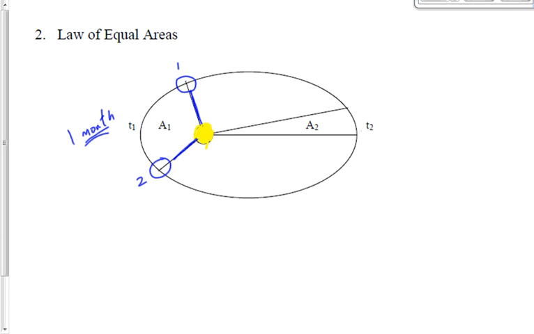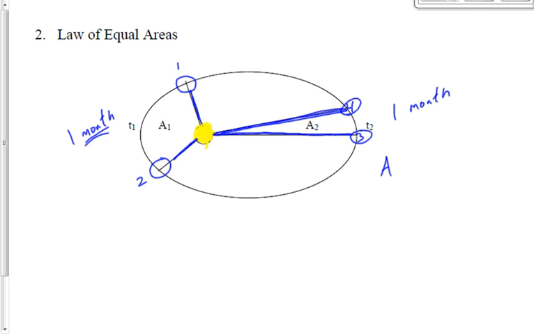The Earth is over here now at position 3. There's still an imaginary line that joins the sun to the Earth. In a certain amount of time, 1 month, we'll say, the Earth is over here. That line sweeps out a certain area, A2, in a month, or whatever time we picked.